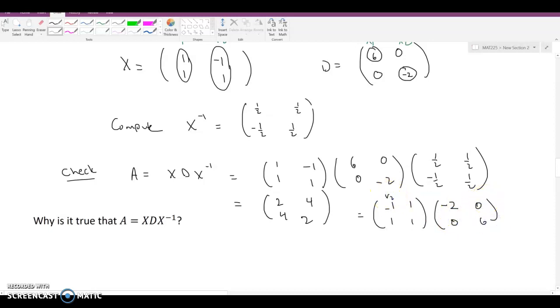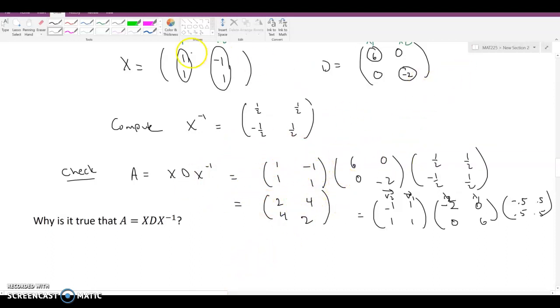So again, this is v2, v1, and this would be lambda 2, lambda 1. And then we would need the inverse of this matrix, which should not change by much, but we will get some different values in there, which will be negative 0.5 for the top left component, 0.5, 0.5, 0.5, and you can see that when you multiply this out, you'll also get 2, 4, 4, 2.